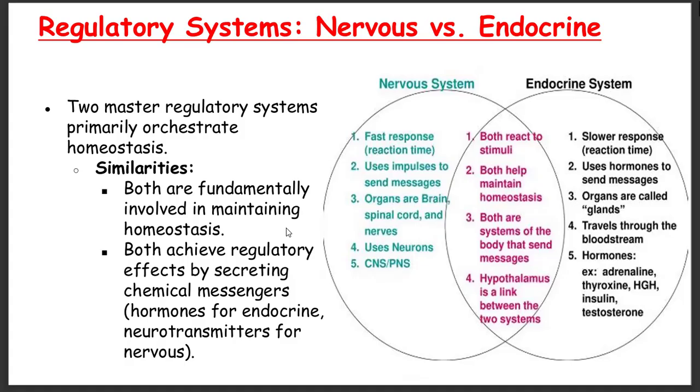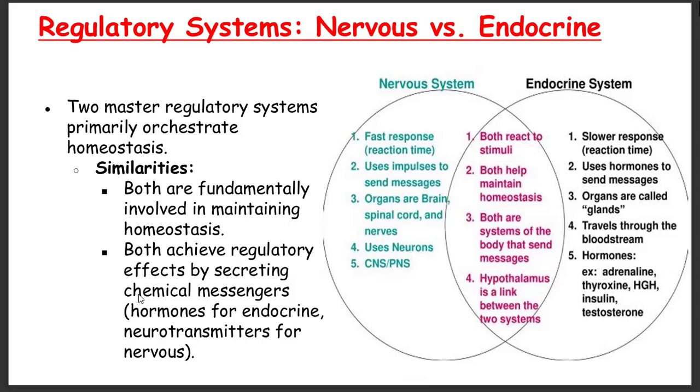So one of the similarities between these two systems is that they are both obviously involved in the maintenance of homeostasis, and they secrete chemicals in order to do that. If we talk about the endocrine system, it is responsible for secretion of hormones, whilst the nervous system is responsible for the secretion of neurotransmitters.